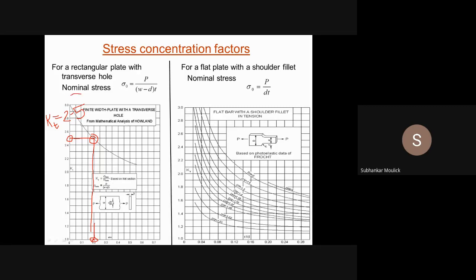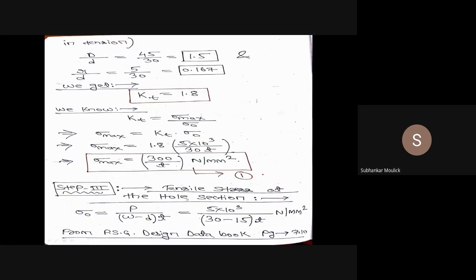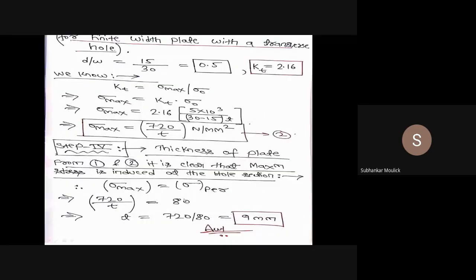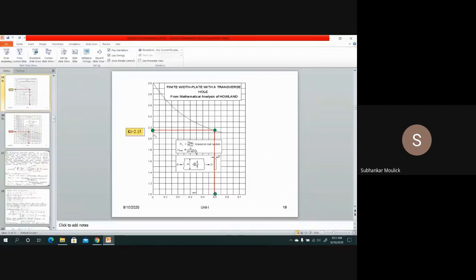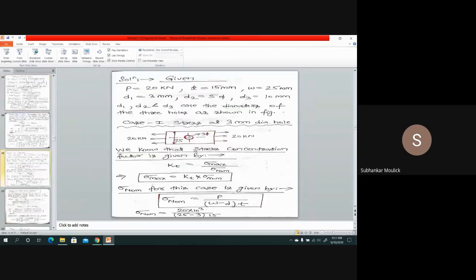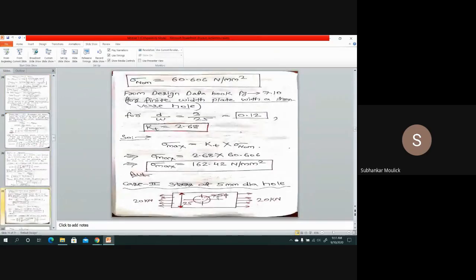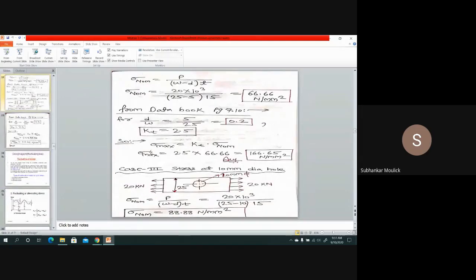Multiply this Kt value 2.5 with the nominal stress value for the second hole which has been drilled, and for the second case, that sigma max value is coming out to be 166.65 Newton per mm square.